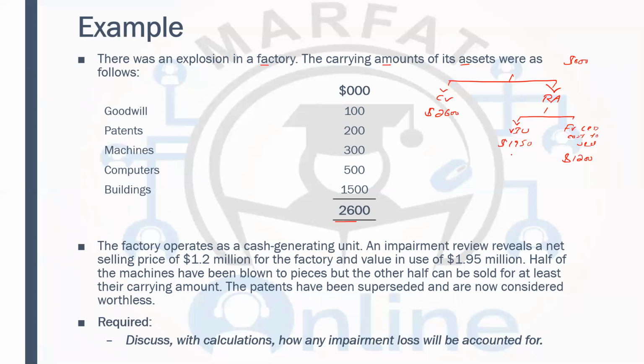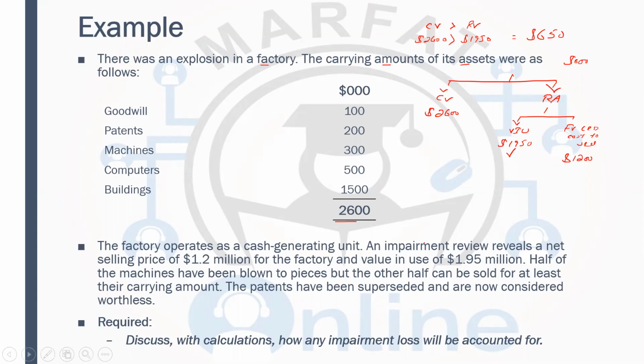So which is higher? Value in use is higher, which becomes the recoverable amount. So carrying value is more than the recoverable amount. Carrying value is $2600, which is more than 1950, and it gives you impairment of 650. 650 is the impairment loss.